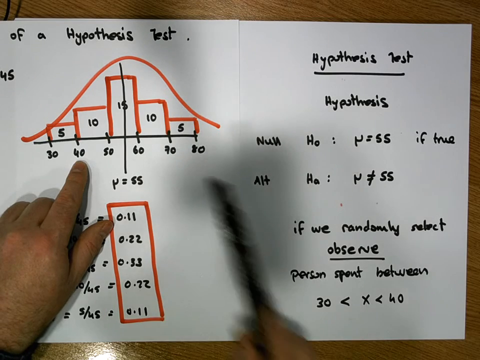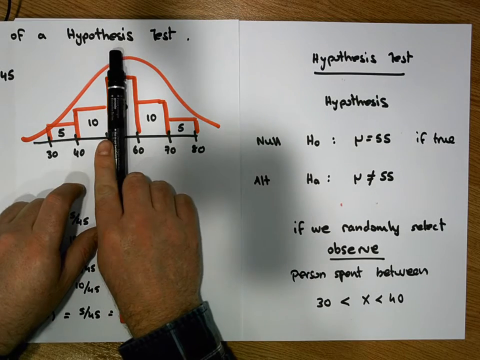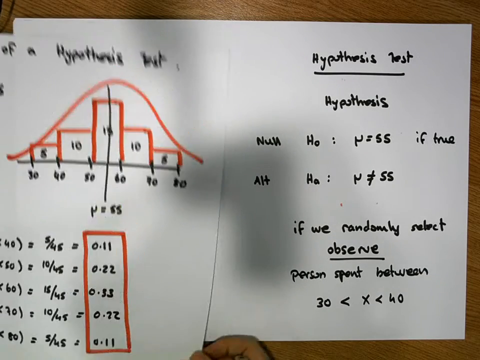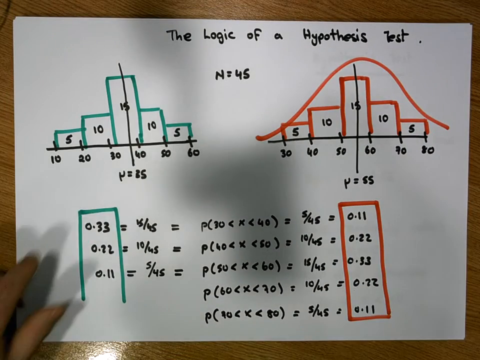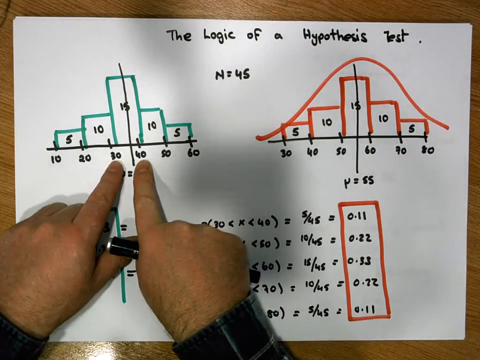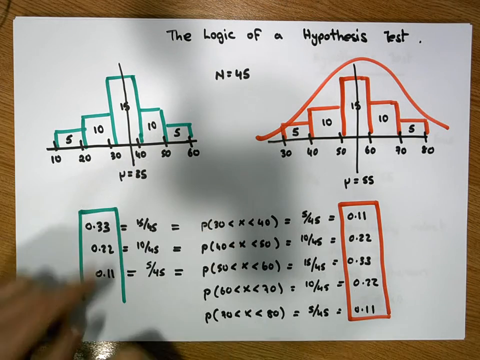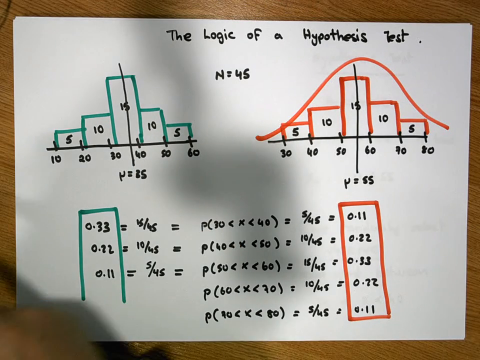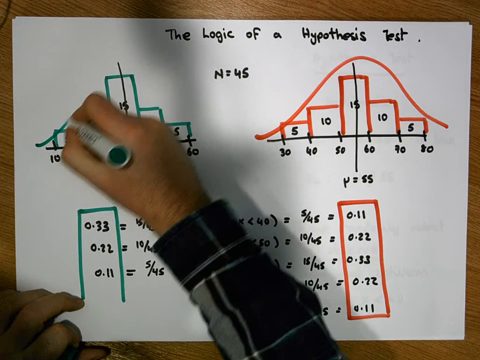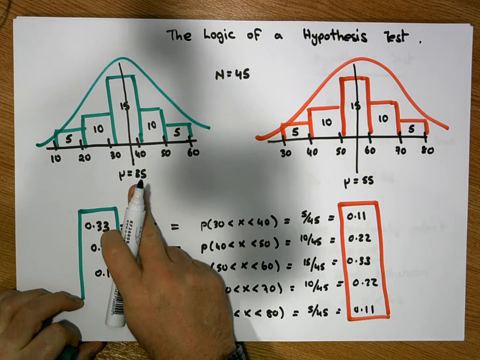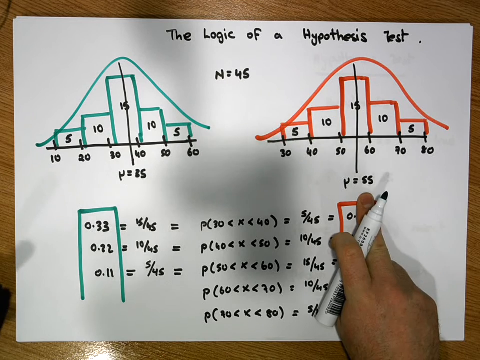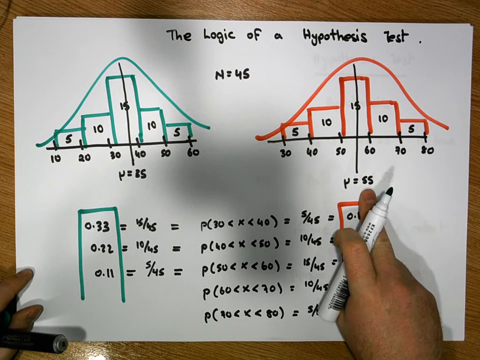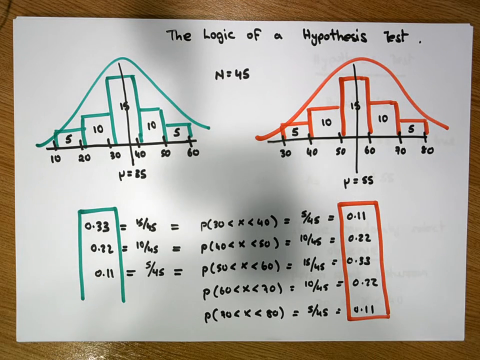Whereas if I do randomly select from the population and find someone between 30 and 40, we more than likely have a distribution centered on 35, which is evidence to suggest that our hypothesis that the distribution was centered on 55 is actually incorrect.